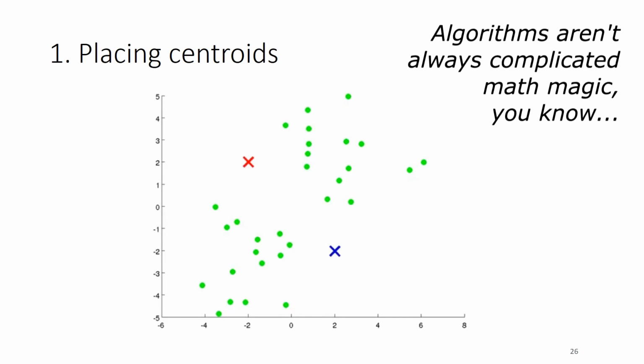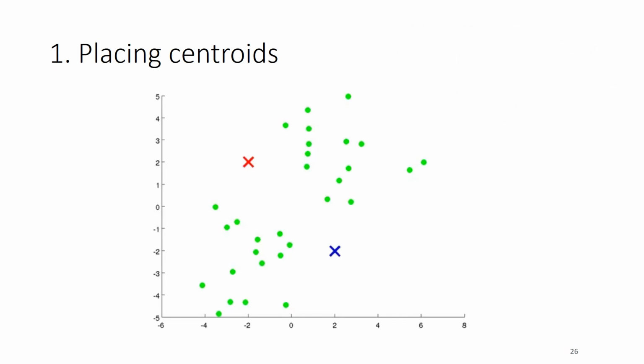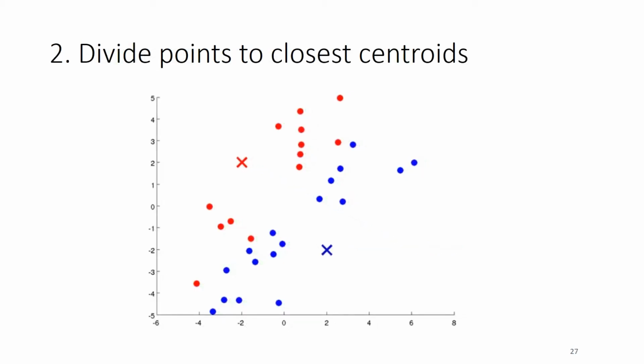For this, we're going to use centroids, which we're going to place ourselves, or place randomly, a red one and a blue one. And what you basically say is, now I'm going to divide these dots based on how close they are to either the red one or the blue one.